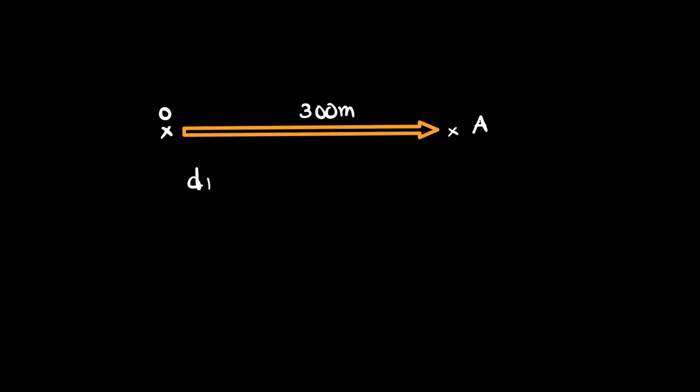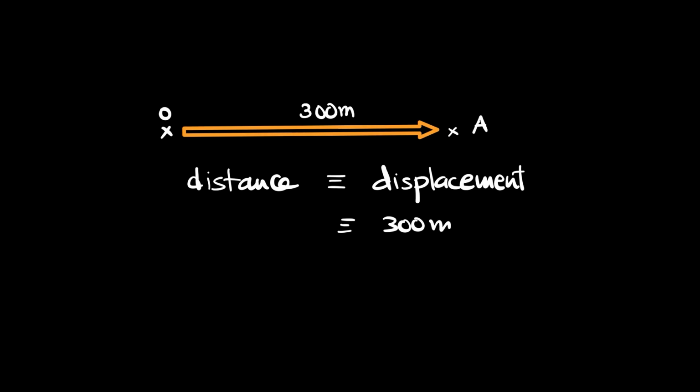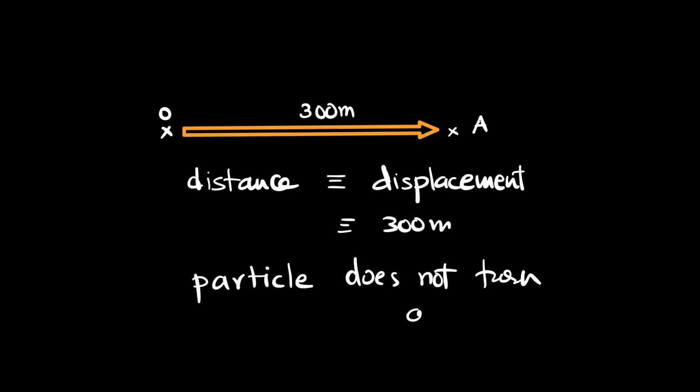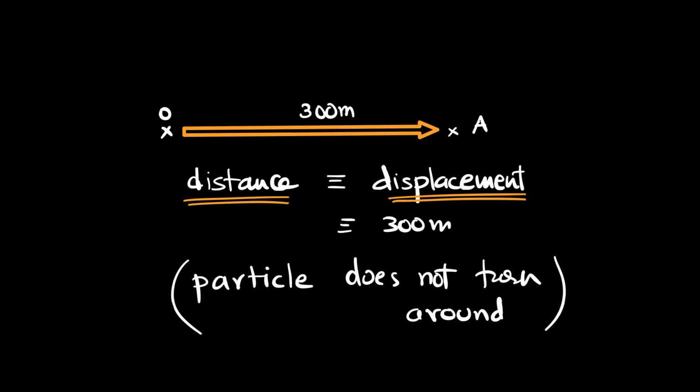Since the particle is not changing direction, distance and displacement are exactly the same in this particular situation because the particle is not turning around. So as long as the particle does not turn around, we can say that the distance and displacement are exactly the same.